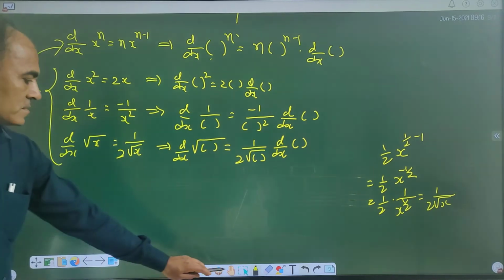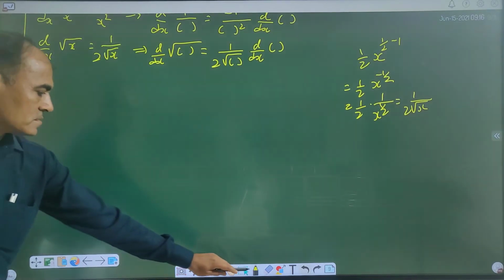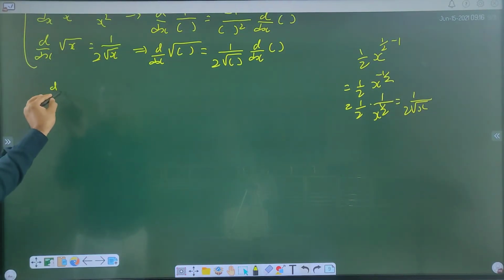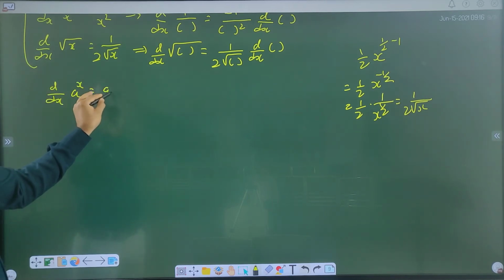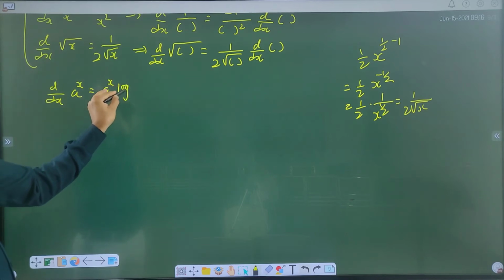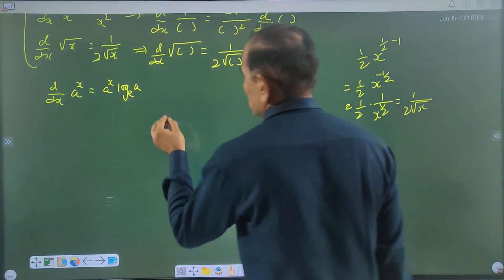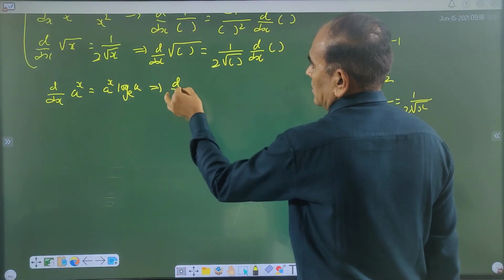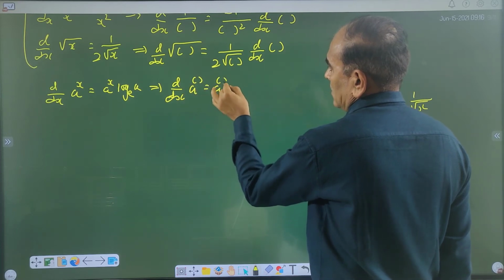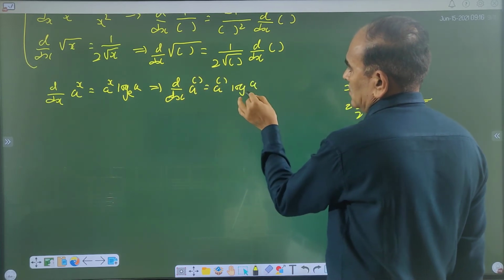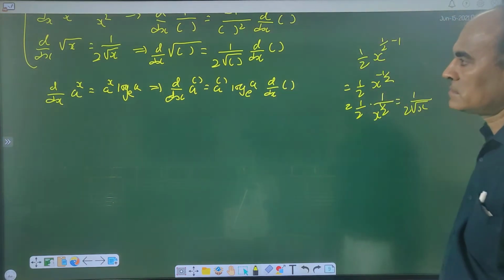Here. Next, now there are exponential forms. What are the exponential functions? We know that d by dx of a raised to x is nothing but a raised to x log a base e. So how are we going to remember it? d by dx of a raised to some function is a raised to some function, log a, into d by dx of some function.